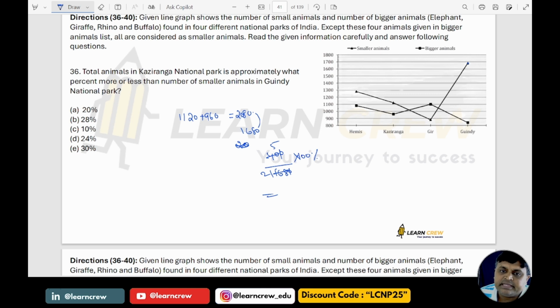So approximately it is how much? 20, because 5 4s are 20, and 1 by 4 means 25%. Am I correct? It is 8 5s, 8 21s, so 500 by 21. 21 24s are 504. So approximately 24%. Now next question.